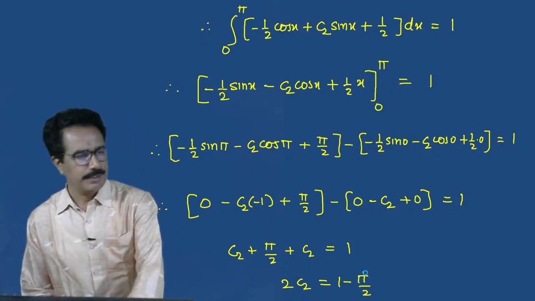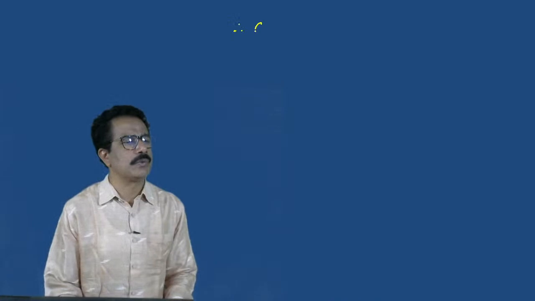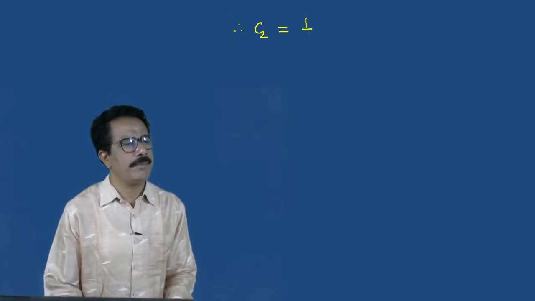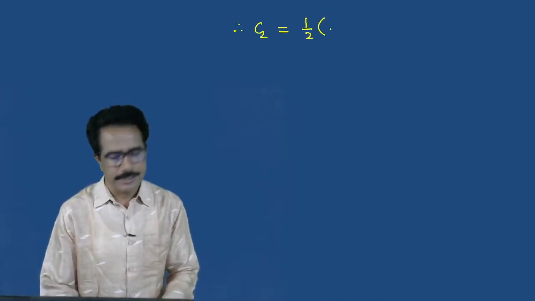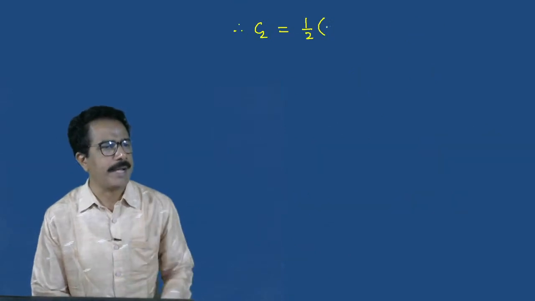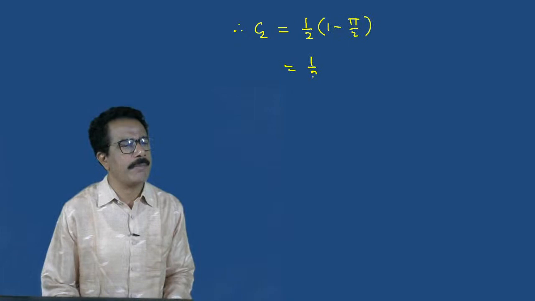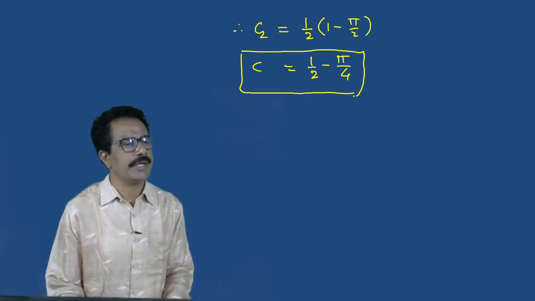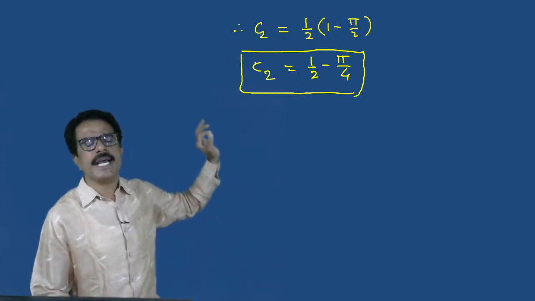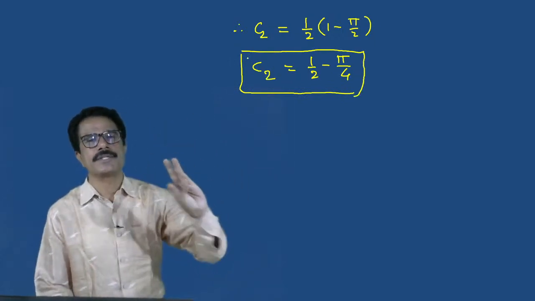Is it okay? Now C2 is equal to 1 by 2 in a bracket 1 minus pi by 2. That means 1 by 2 minus pi by 4. This is the value of C2. Okay. In this way, we can obtain the arbitrary constants.